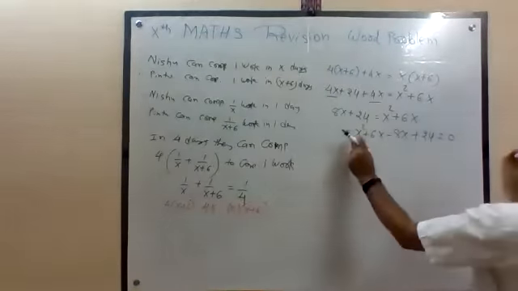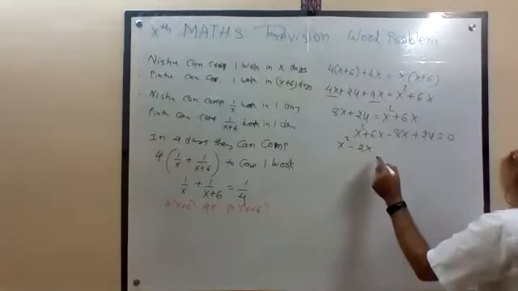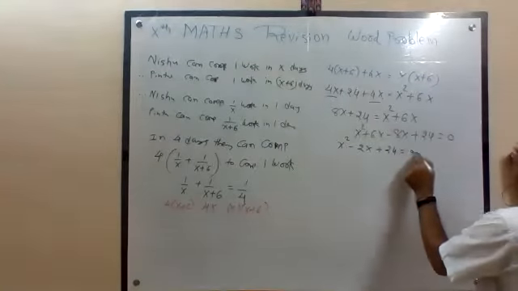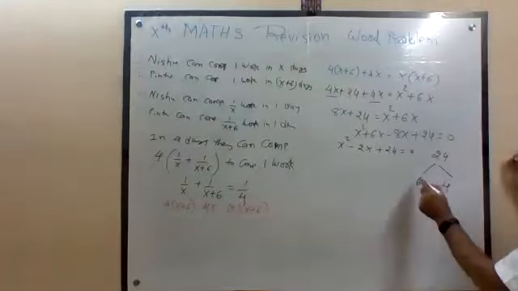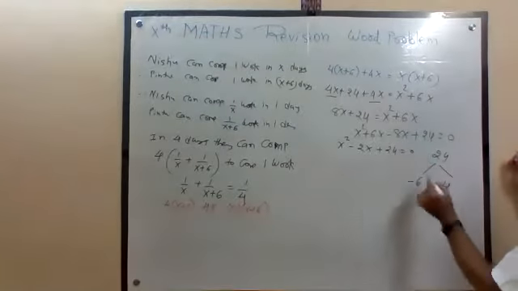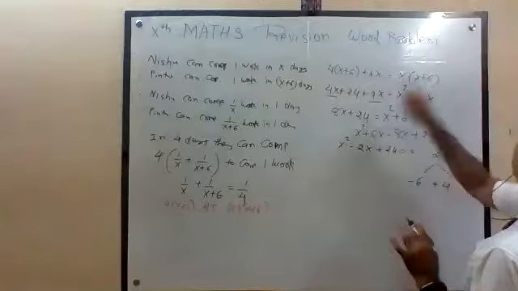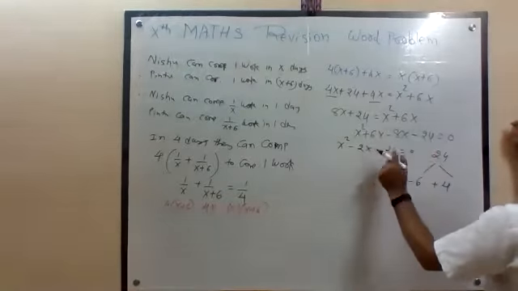So x square minus 2x minus 24. From 24 we need 2, so 6 fours are 24. So minus 6 plus 4, that is minus 2, and 6 fours are 24. But this comes to this side, so it becomes negative.